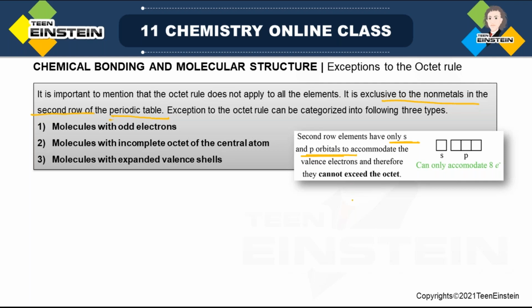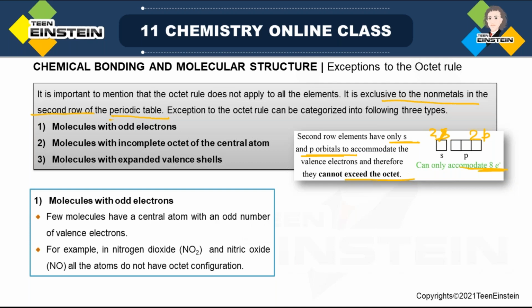No. The first d orbital starts at 3d, 4d, 5d, but not 2d. But in the second row, the maximum you can have is 2s and 2p. Now in 2s and 2p, the maximum number of electrons you can accommodate is 8. That means they cannot exceed the octet. Okay, so this is the reason.